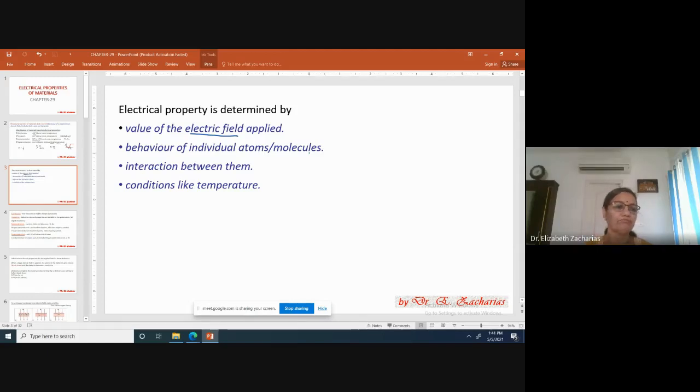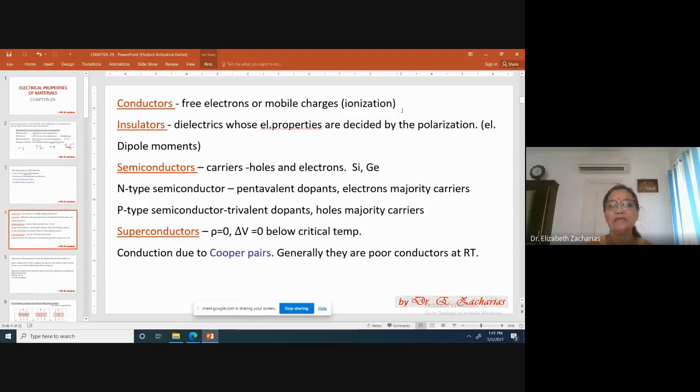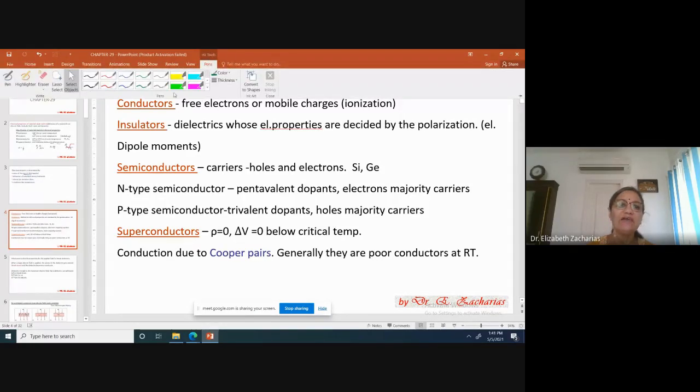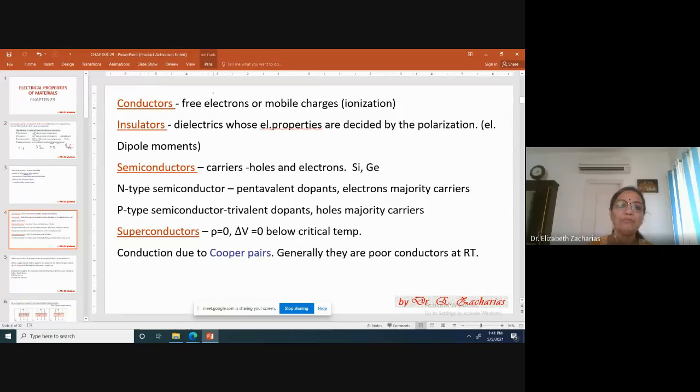Okay. Now let's go ahead and go to the general characteristics of these classes of materials. As I have been mentioning, I think already twice, conductors are materials which are going to have free electrons, if I'm talking of metals.